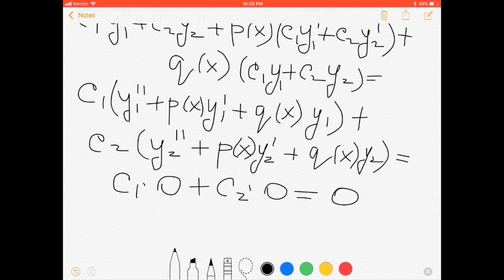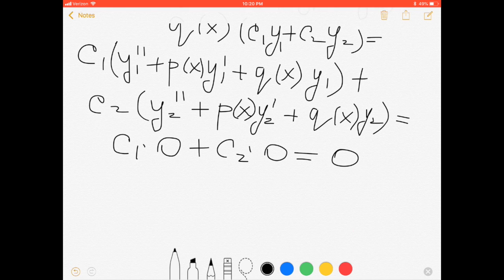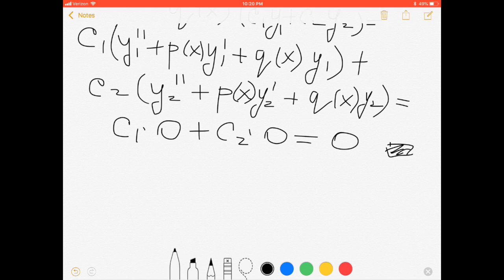It's exactly equal to 0. We proved our theorem. Proving is done.